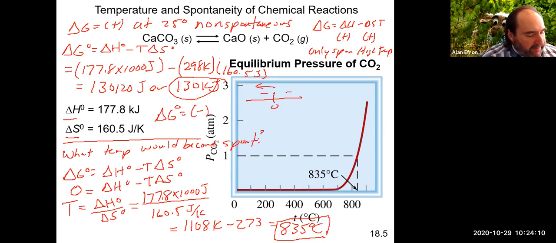What that number represents is the minimum temperature that you would need to reach in this particular reaction for this reaction basically to be spontaneous.